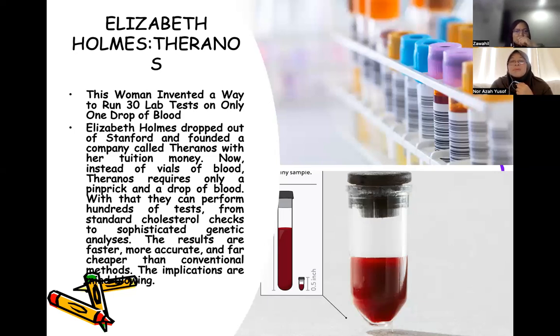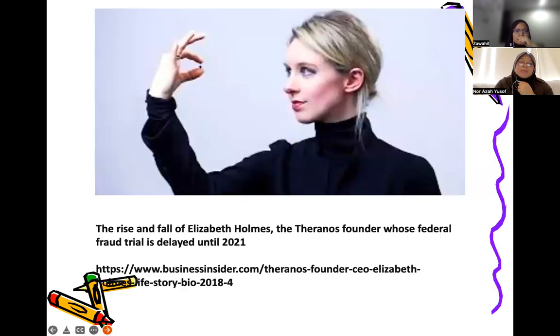If you read about her issue, she is very ambitious. It's not wrong to be ambitious, but you need to have principles. And she had this belief in her technology of what we call fake it, F-A-K-E.